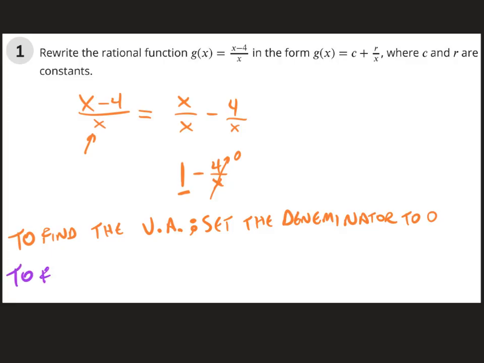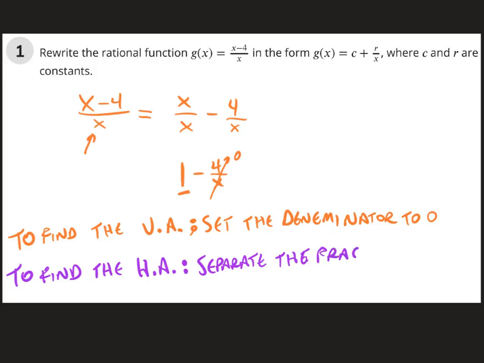To find the horizontal asymptote, separate the fraction and look for the remainder.